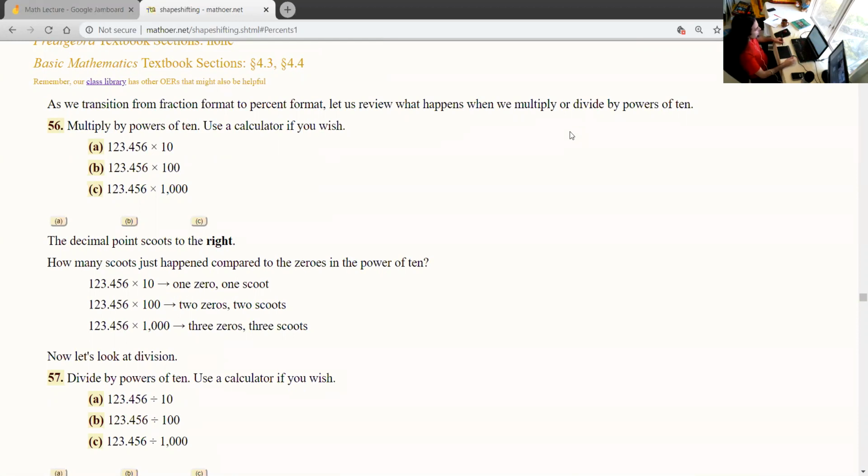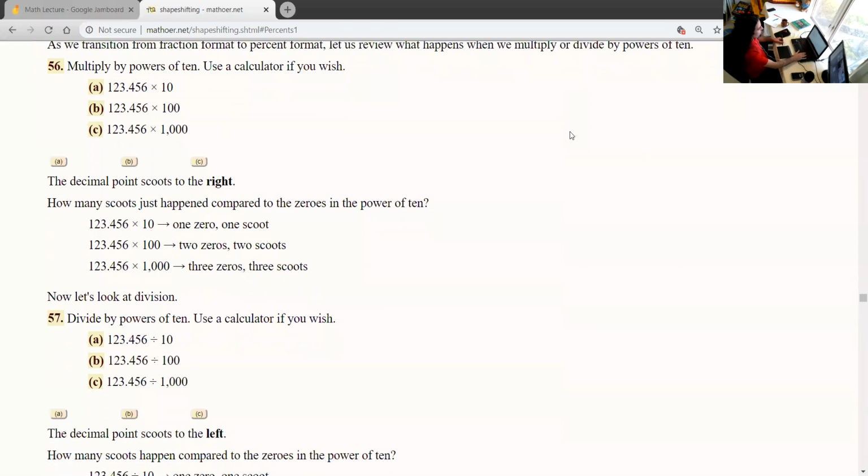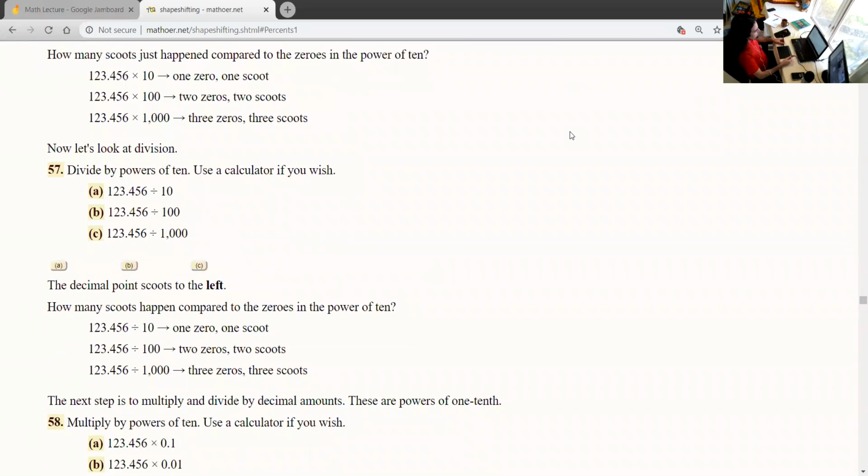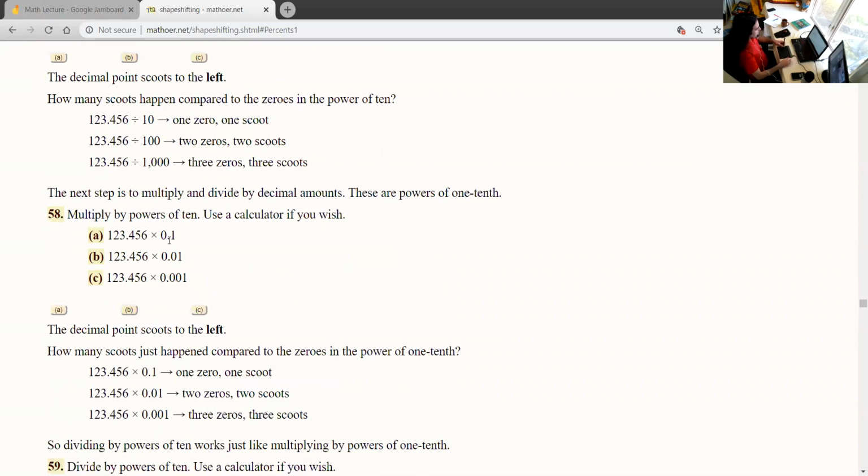And then there were 2 ways to mess that up. We could divide instead of multiply. If we do that, then the decimal point scoots the other direction to the left. We could also multiply by a power of 10th instead of a power of 10. And if we do that, that breaks it the same way. It goes left instead of right.